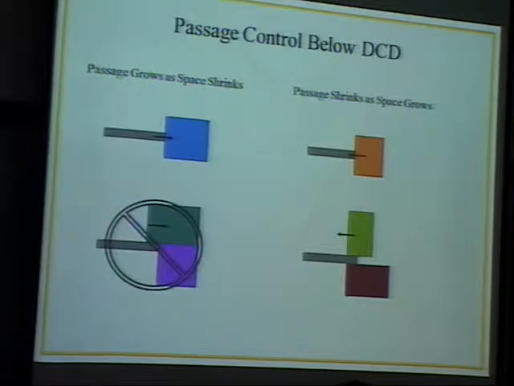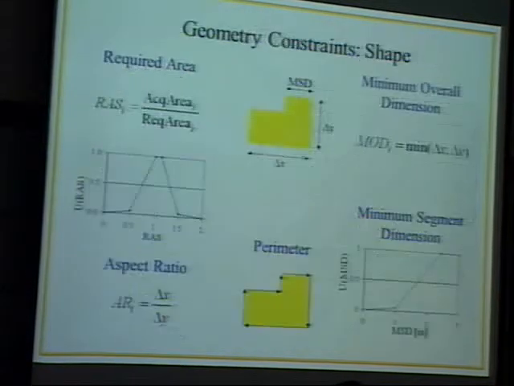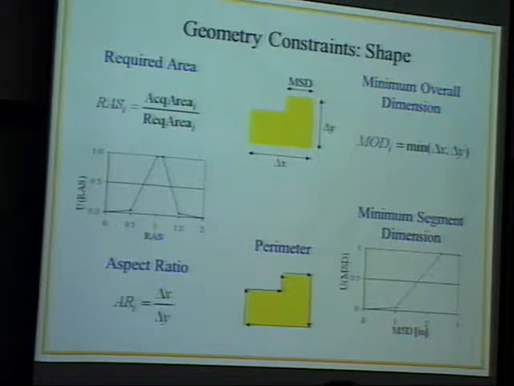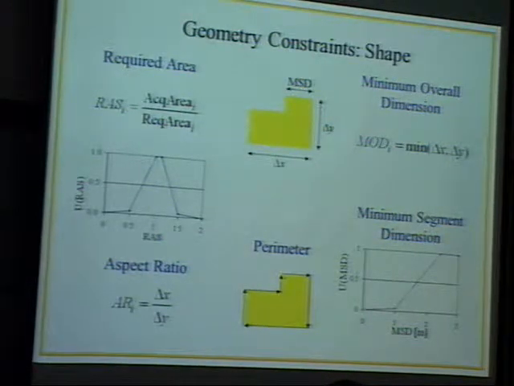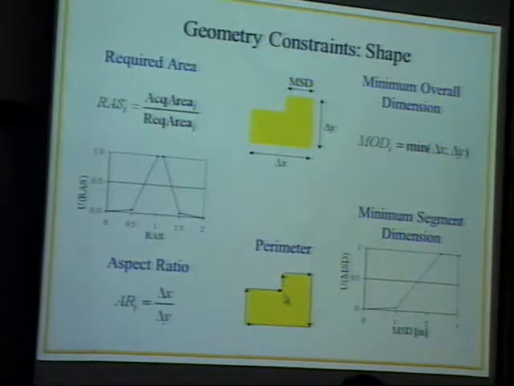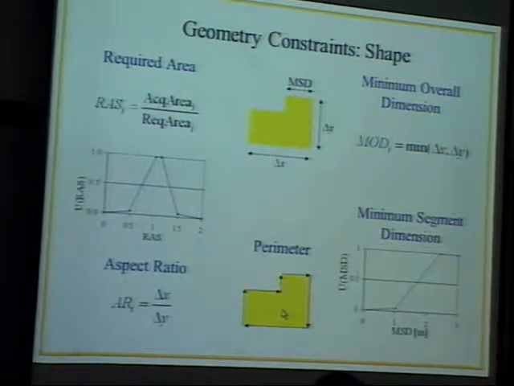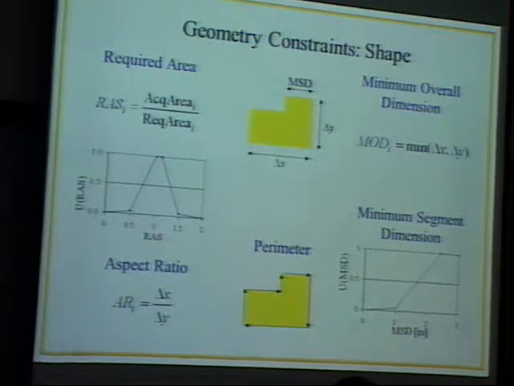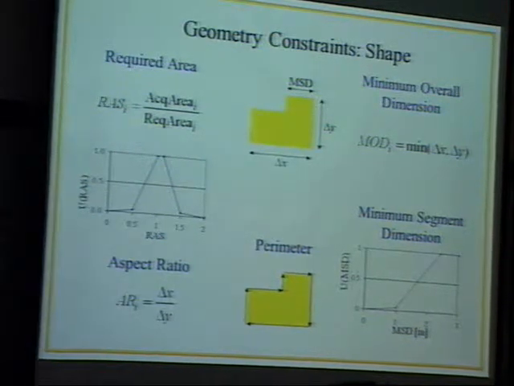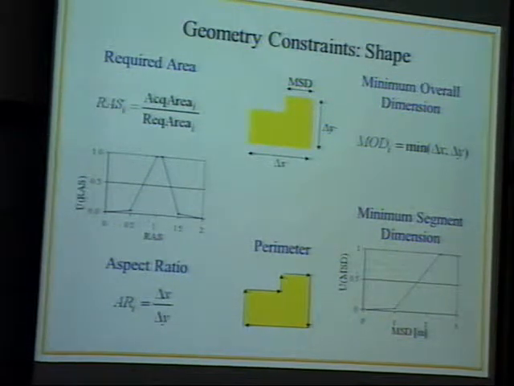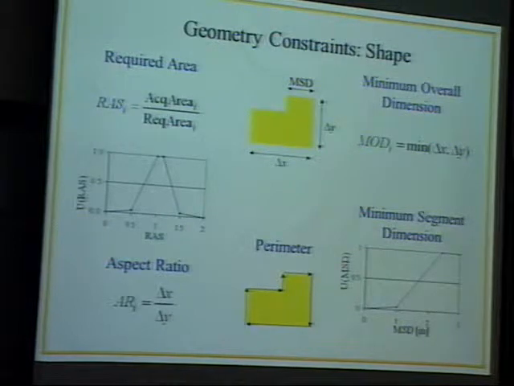Some rules to follow and fuzzy, and this shows the geometric constraint. Some spaces, such as these L-shaped spaces, are not good in terms of space utilization. If the narrow point is very narrow, for example, if the space is allocated like that, these are dead spaces.